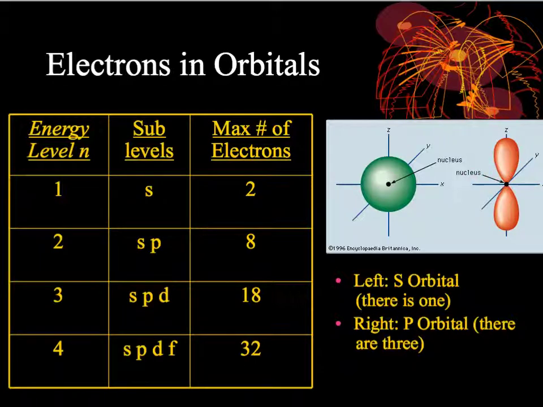So they're actually showing you 3 dimensions here. There's an x, a y, and a z-axis. So obviously it's a 3-dimensional thing, but they kind of look like petals to me. So if I were to loop them around, those would be my 3 p orbitals going this way, and that way. So then those show up in your second energy level.